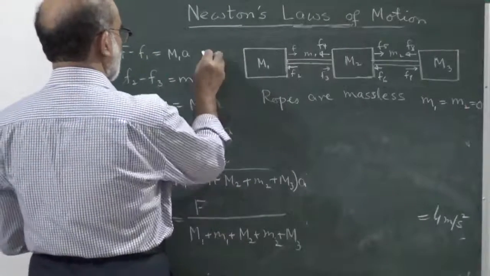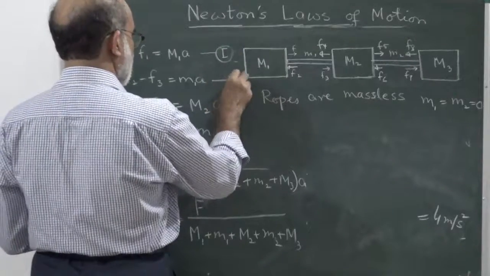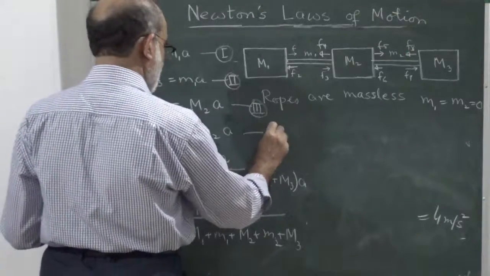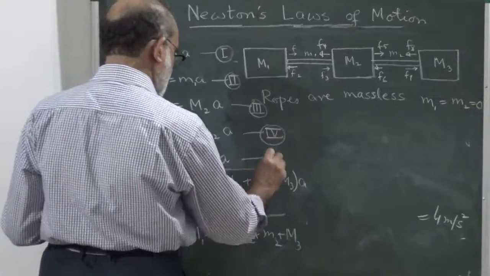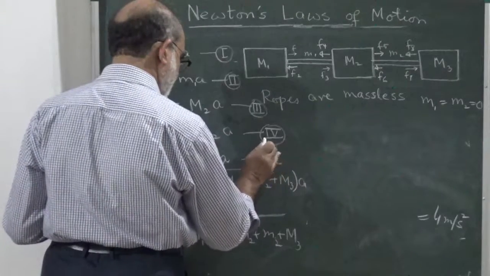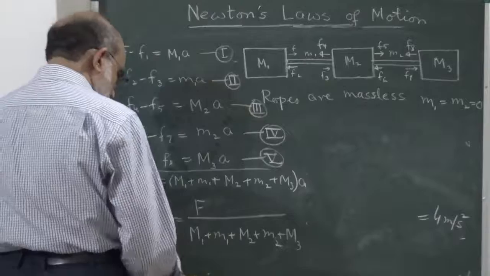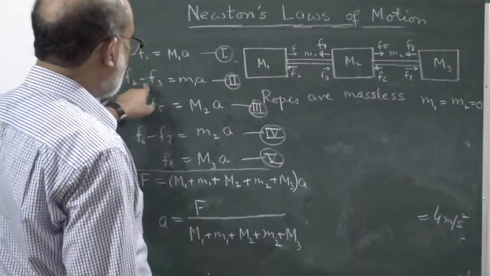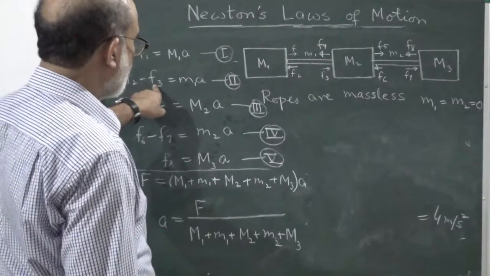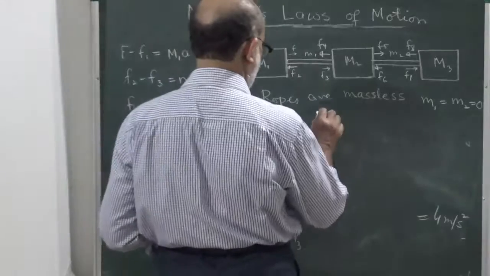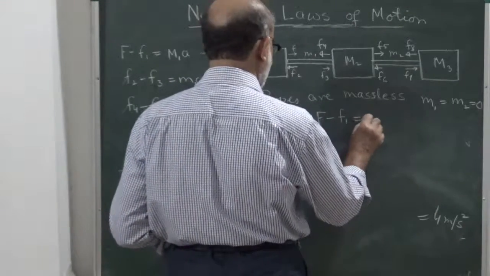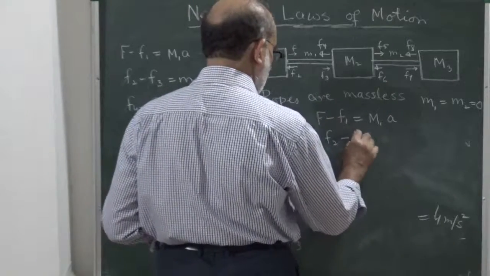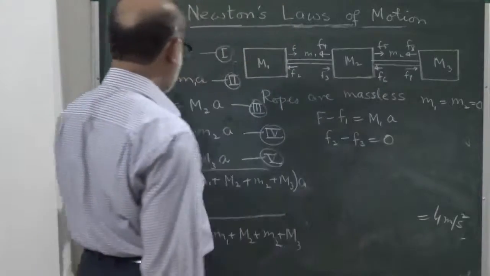Suppose this is equation 1, this is equation 2, this is equation 3, this is 4, and this is 5. Now, if this is 0, it means F2 minus F3 is equal to 0. So equation 1 will remain as it is: F minus F1 is M1A. And equation 2 becomes F2 minus F3 is equal to 0.